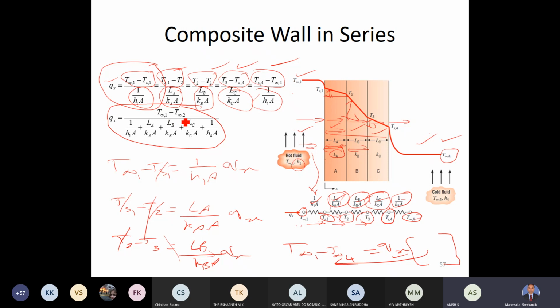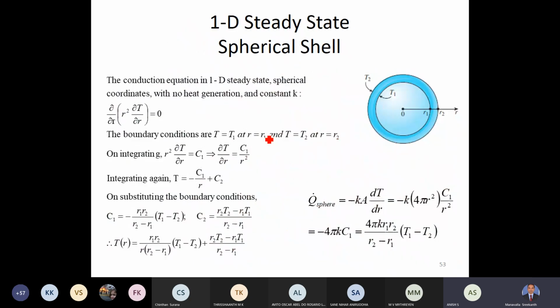So here T infinity 1 minus, this is not T infinity 2, this is T infinity 4. So the extreme temperatures, also called the overall temperature difference, divided by the total resistance. Okay, so this is the general equation for the heat transfer. Now you see the difference between the heat transfer equations that we have derived here.